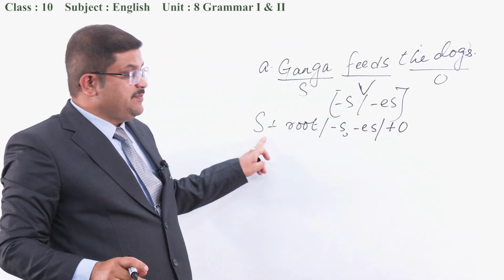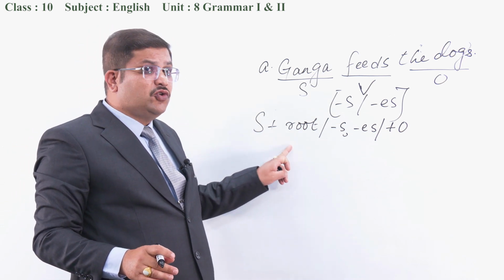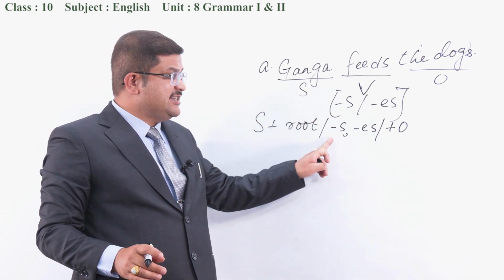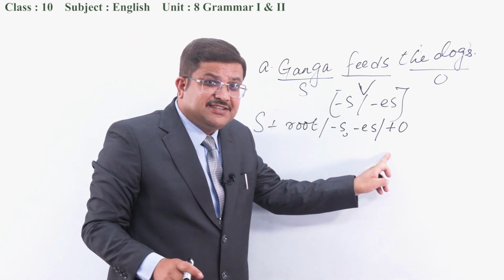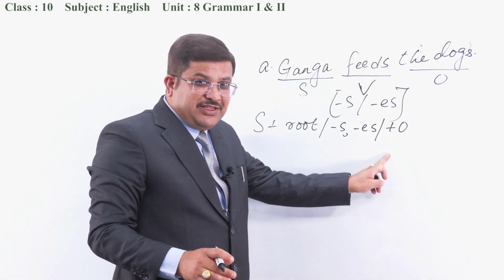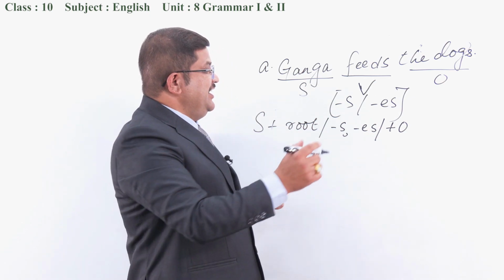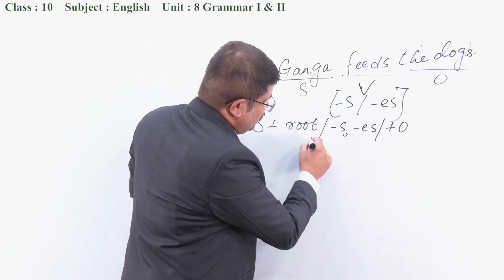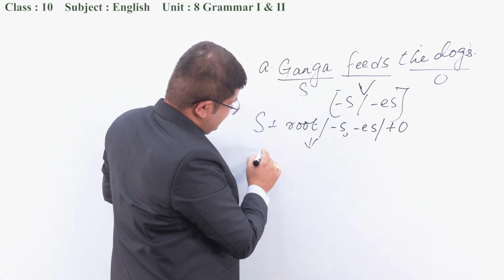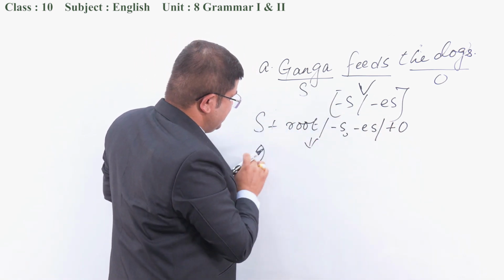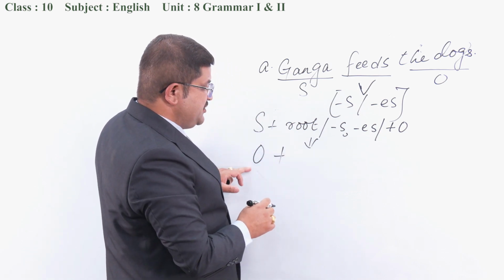When we have subject with root, sometimes S or ES form of the verb, with object, it changes into: subject becomes what? Object, and object becomes what? Subject.